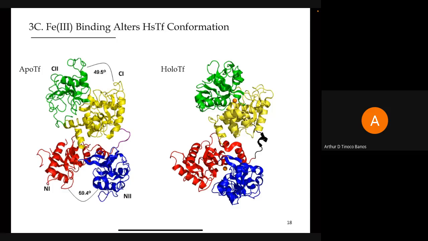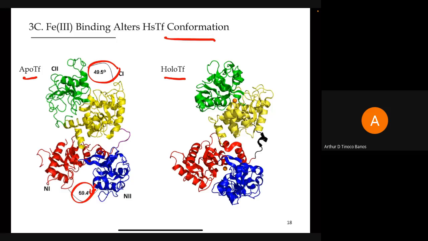All right, so let's talk a little bit about the structure of the protein as it relates to iron binding. As it turns out, iron coordination to both metal binding sites results in a dramatic conformational change of the protein. We can perceive this looking at the apotransferrin structure and the holotransferrin structure, a big angle change with respect to the subdomains of each of these lobes when iron is coordinated.